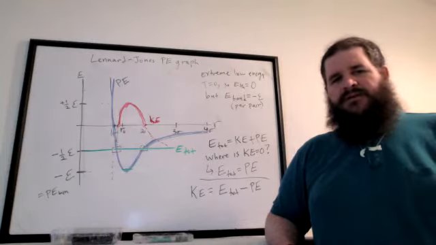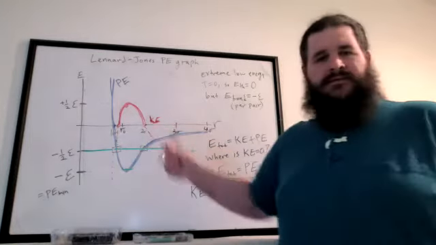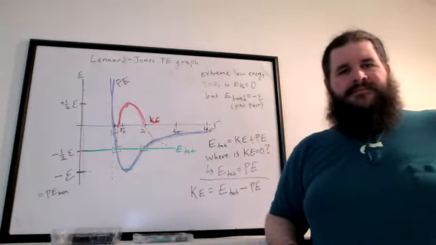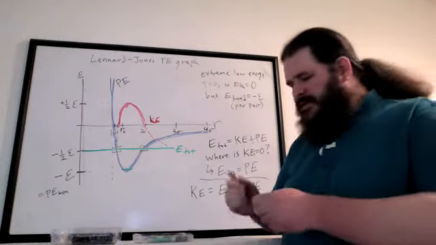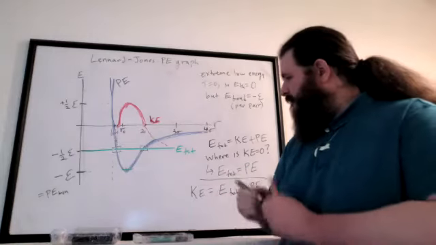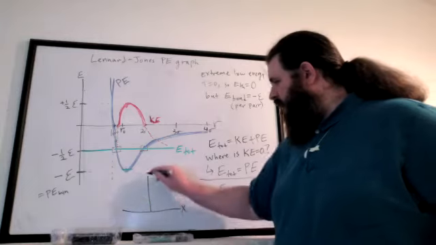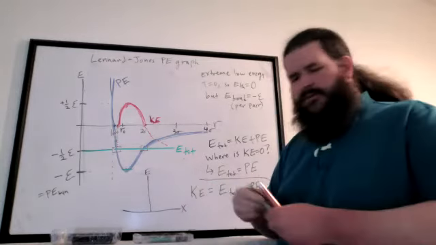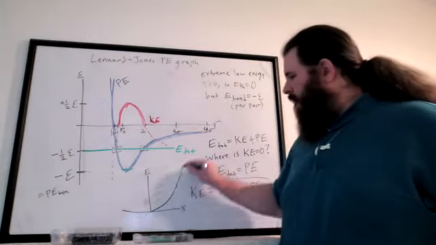And compare this to other types of energy. Are there any other potential energy graphs we've looked at where the kinetic energy looks like this? That'd be the spring mass. Right? Yeah, if we go back to the spring potential energy, and that X versus energy, for the spring, the potential energy was a parabola.